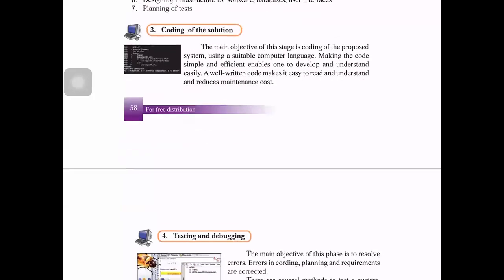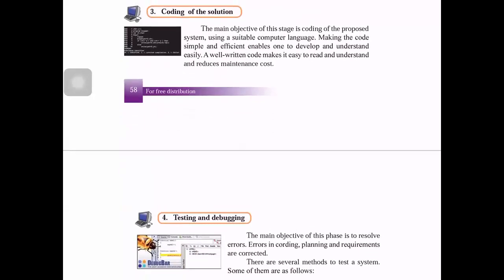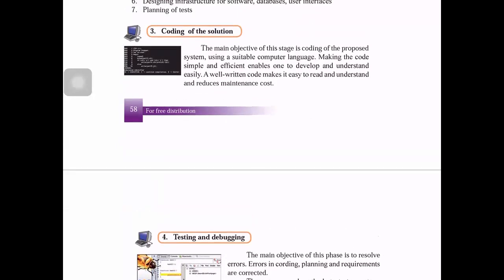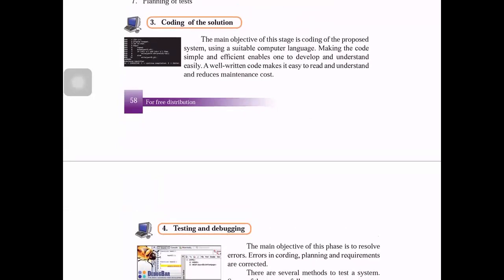All right, the coding of the solution, that means the third phase. Now, we have gathered the requirement at the very initial phase. Then we design the system which we are going to implement. System design. Then we are coding the solution. If we need to create computer software, we have to use some programming language.